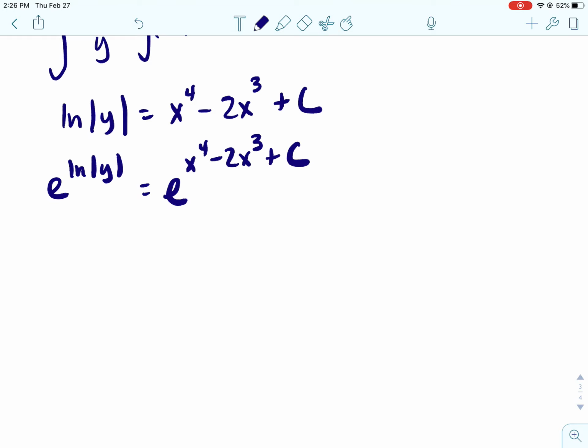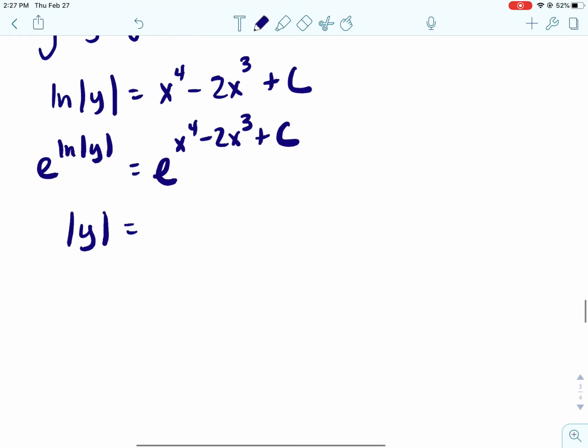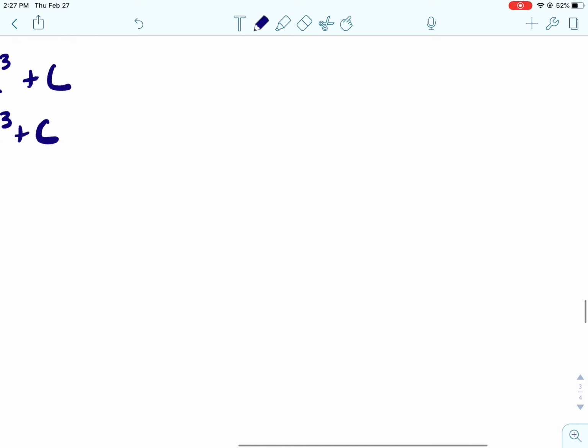The reason we do that is because on the left side, that's just going to leave us with the absolute value of y. On the right side, we're going to do some more semi-crazy algebra. So I'm going to come over to this side. You guys do not have to write this down.